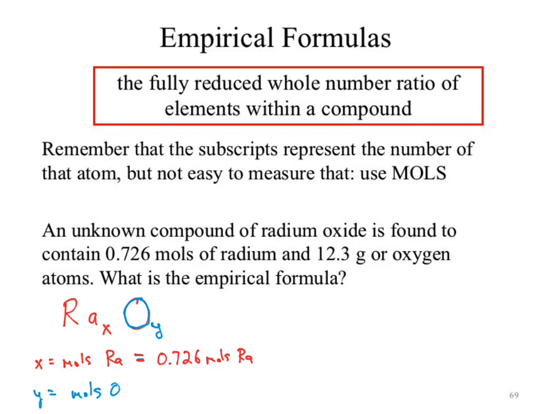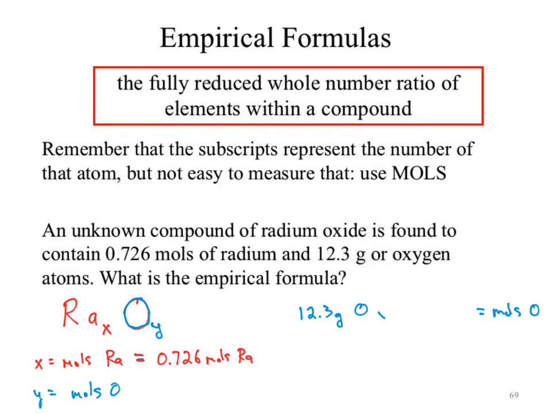Okay? So what am I going to need to do to that grams of oxygen? I need to convert it to moles. Right? So I will take my 12.3 grams of oxygen, and that needs to become moles of oxygen. Okay? Same problem we've been solving the whole semester. What do I want? Moles of oxygen.